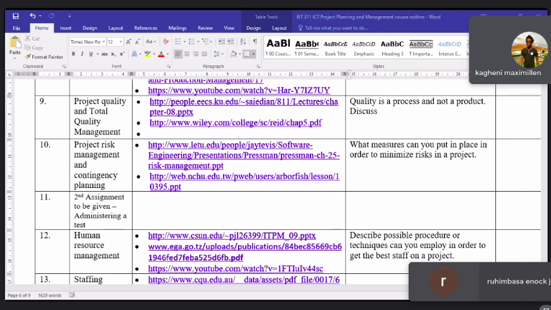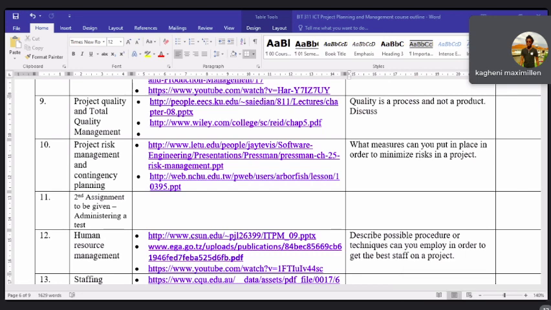You cannot have a quality product using a process that is very disorganized, a substandard process.